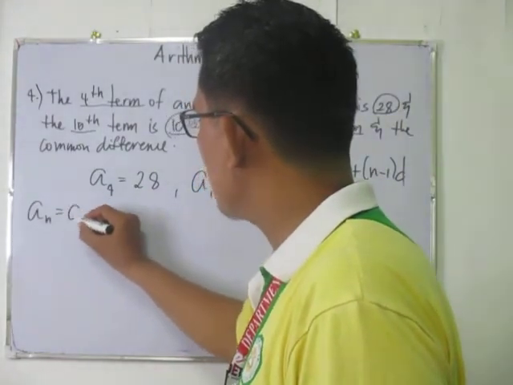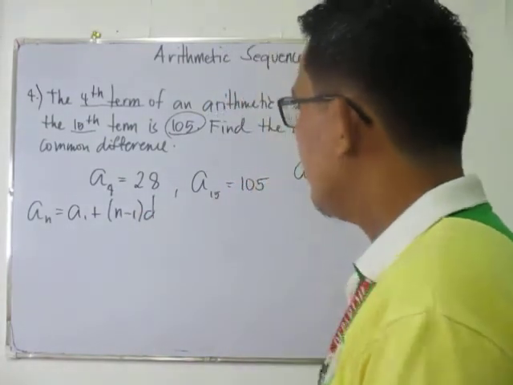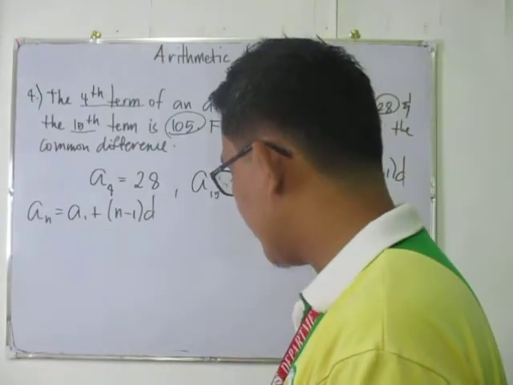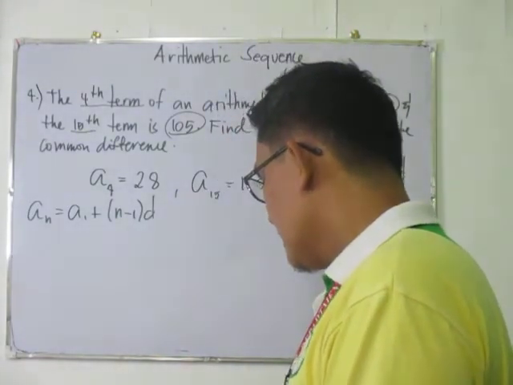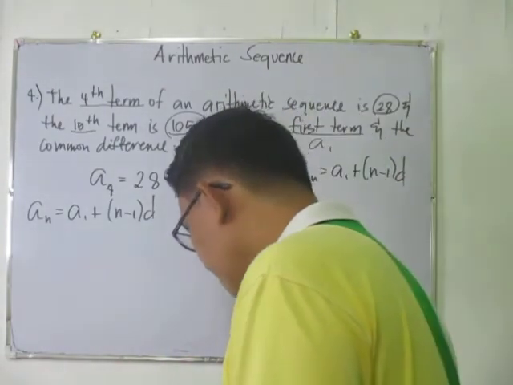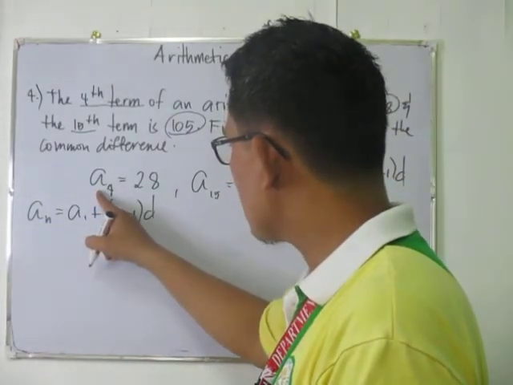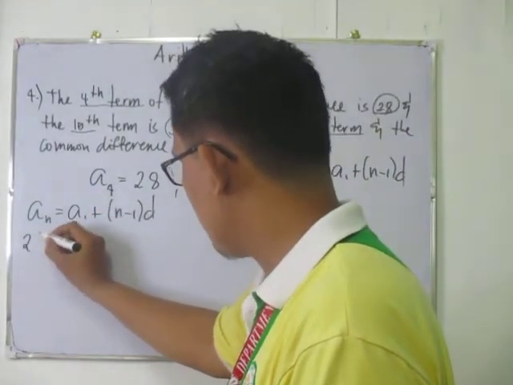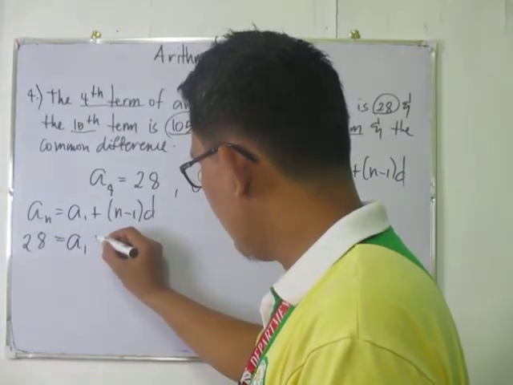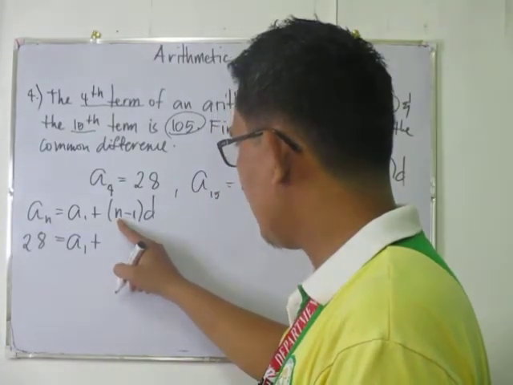So use this formula: a sub n is equal to a sub 1 plus quantity n minus 1 times d. Then we're going to use that a sub 4, which is 28. So our a sub 4, or the last term, is 28. So this becomes 28 is equal to a sub 1 plus, our n here is 4.